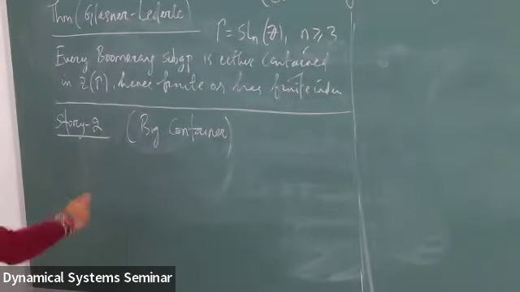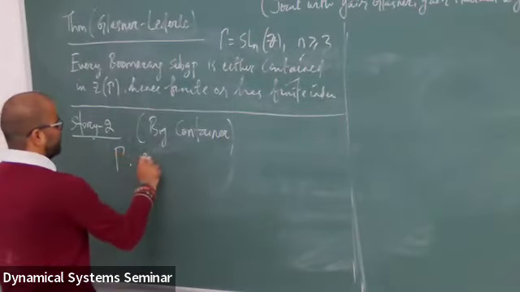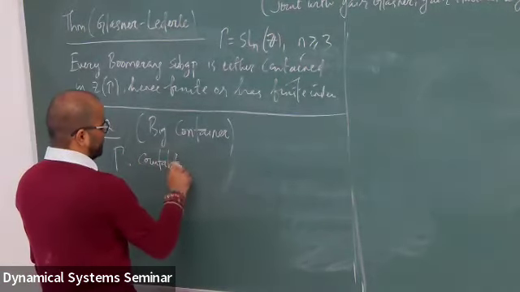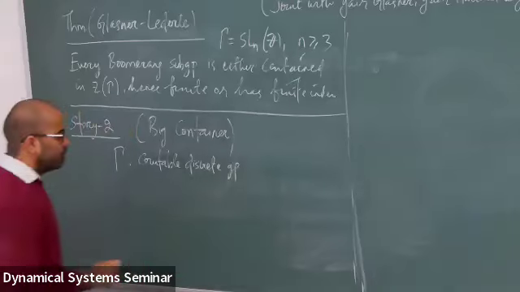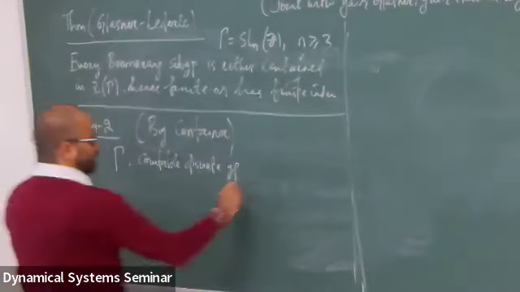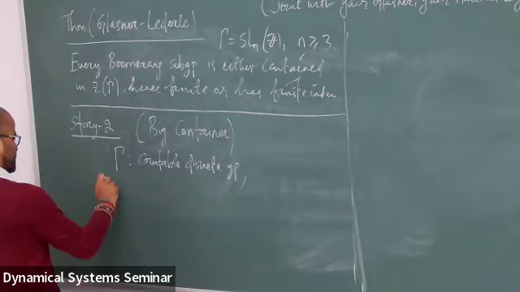Okay, so now I have again Gamma, which is a countable discrete group, and then L2 of Gamma.